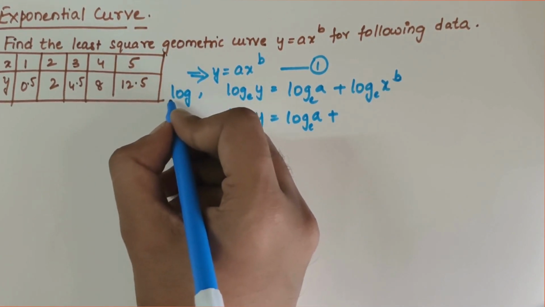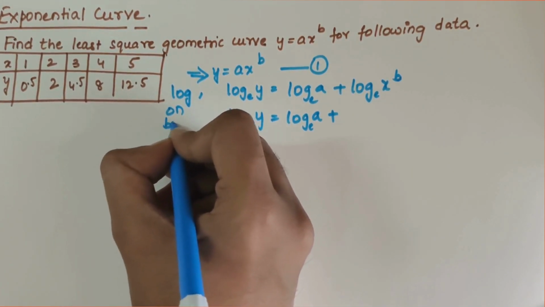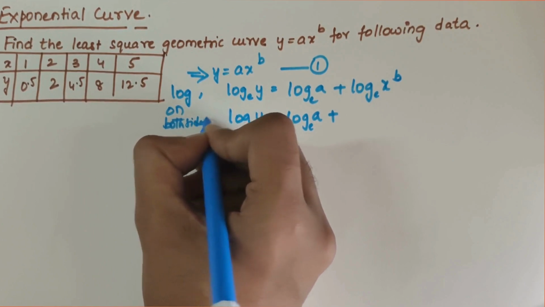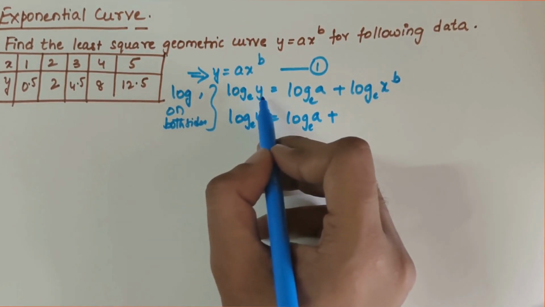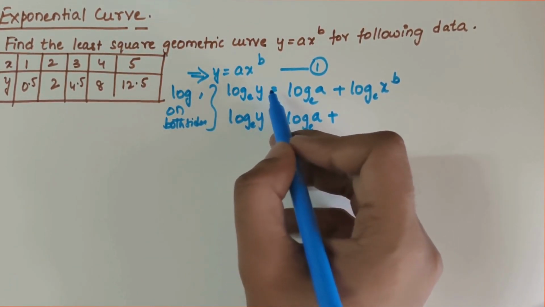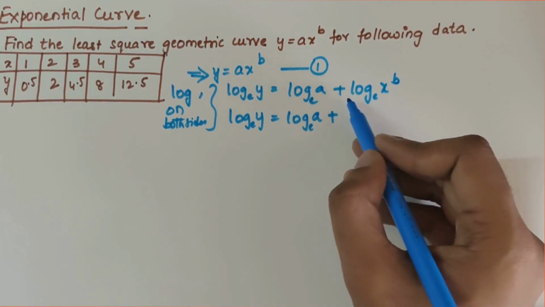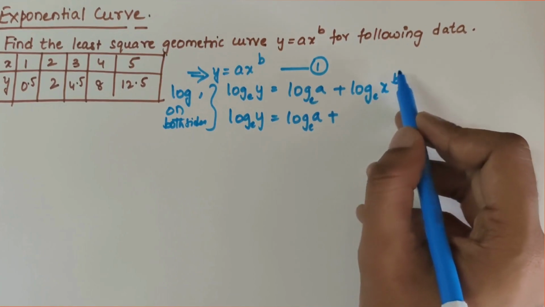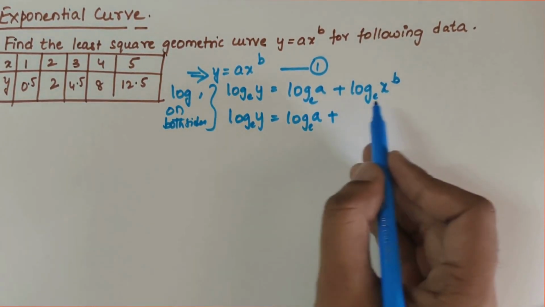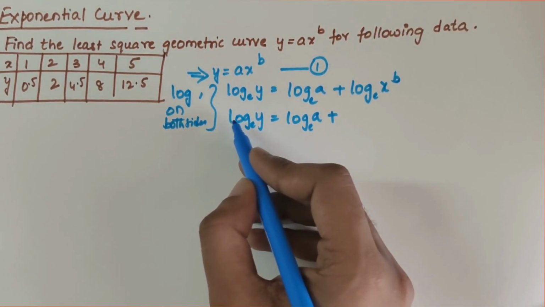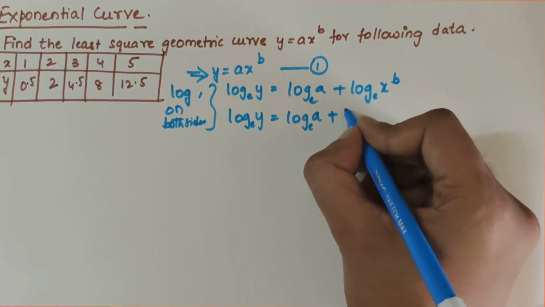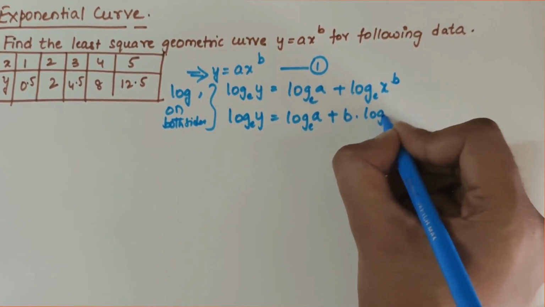And then the next step would be taking log on both sides. So log to the base e of y is equal to log a to the base e plus log x power b to the base e. So you can bring b down, so it will be log y is equal to log a plus b into log x.